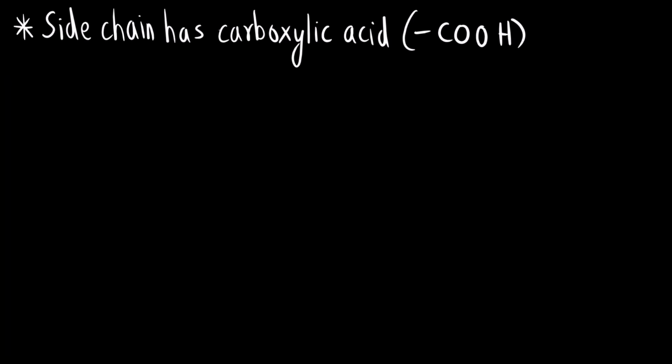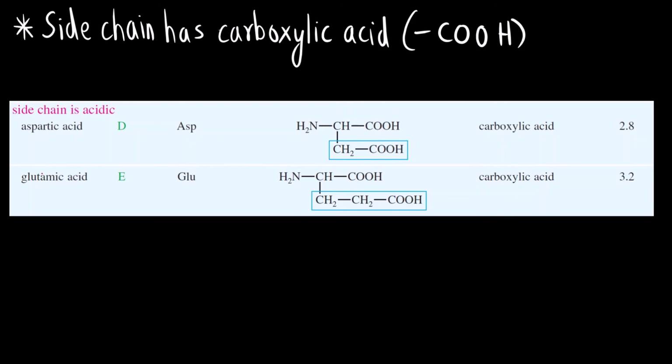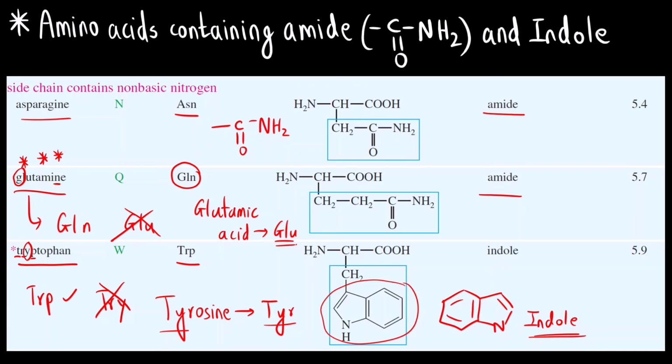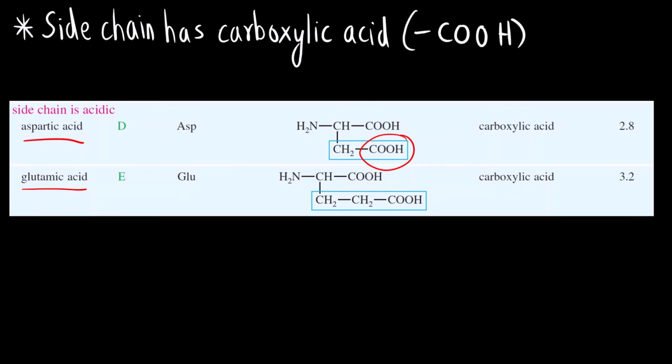Next is side chains having carboxylic acid. There are two amino acids having COOH, carboxylic acid, as a side chain: aspartic acid and glutamic acid. You can see the amide functional groups. The structure of asparagine is the same as that of aspartic acid, only instead of the OH group there is NH2, that is, the amide functional group is present.